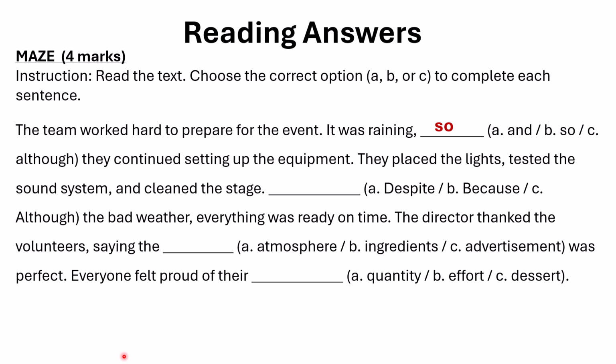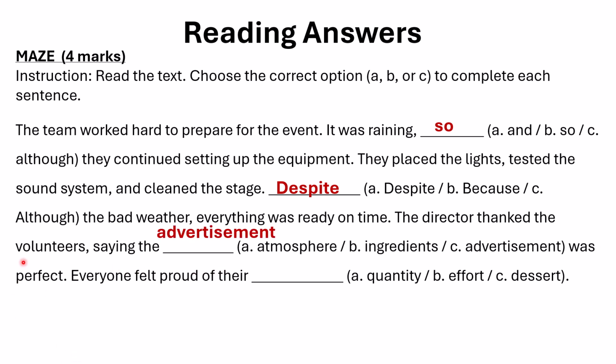The next one: they placed the lights, tested the sound system and cleaned the stage. Despite the bad weather, everything was ready on time. The weather was bad, still they continued. They were able to finish on time. The director thanked the volunteers, saying the atmosphere was perfect.